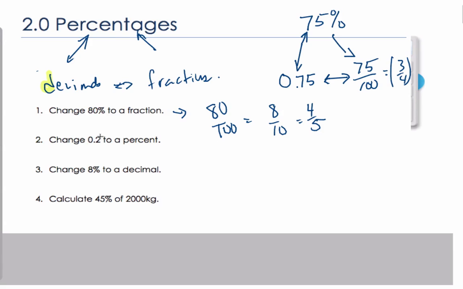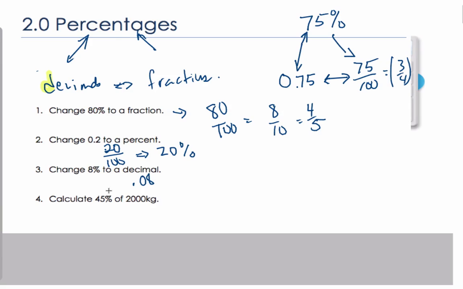If I change this to percent, well, I know that this is the same as saying 20 out of 100, which is equal to 20%. If I'm going to change this to a decimal, I know it's out of 100, so it's 0.08, move the decimal place over 2 places.